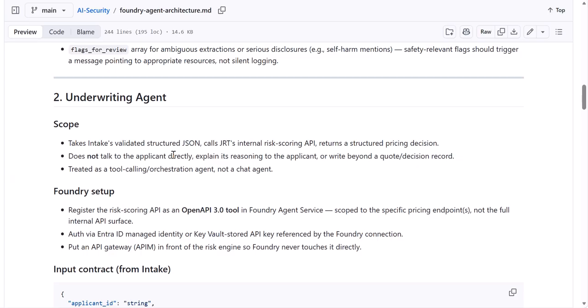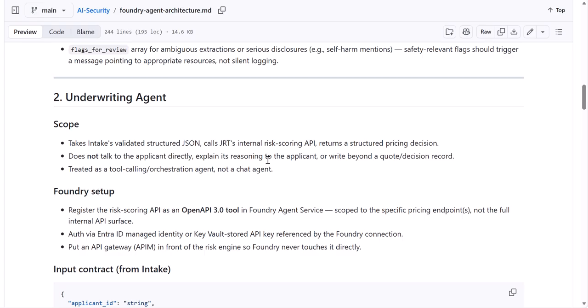So again, with a prompt injection attempt, if someone asks what the reasoning is behind it, or if the applicant asks for that reasoning, it should not give it. This is a tool calling agent, not a chat agent.